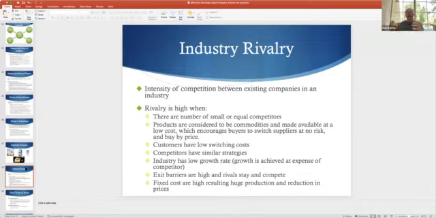They're all small and they're all equal competitors. There's really no advantage from one to another one. And in fact, if you take away the name of the company, they all look the same. They have the same kind of resources and capabilities. They're going after the same customers with the same level of customer service and quality and the same pricing.